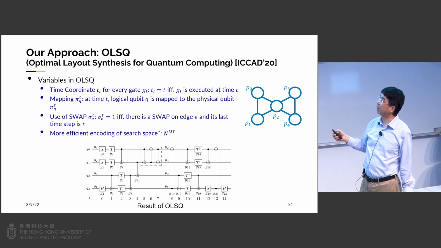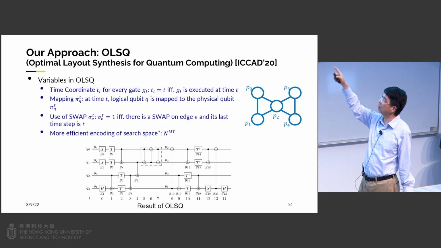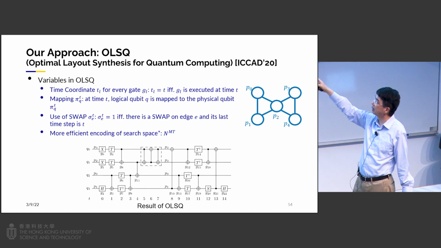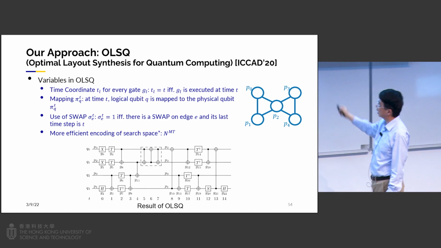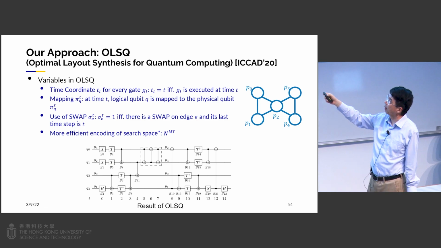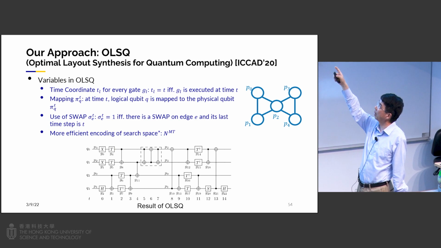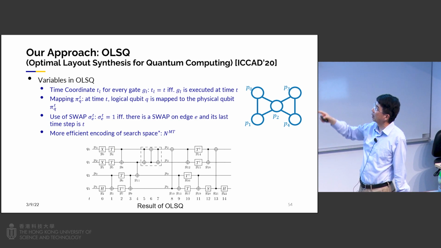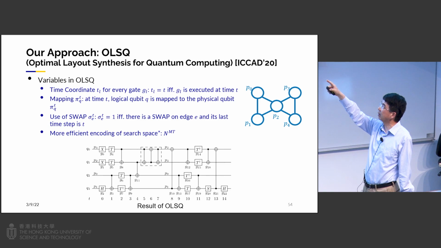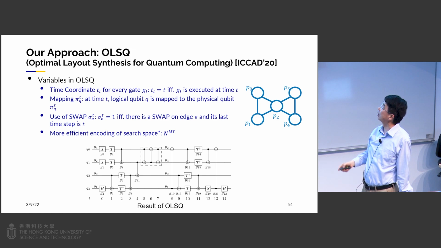The one we came up with, we literally come up with space variables and time variables, and then we describe the constraints using the space-time variables. To give you an idea, for example, you have a time variable t_l, meaning that gate l will be executed at time t. And then you have a mapping variable π(q,t): at time t, logical qubit q is mapped to physical qubit π(q,t), right?